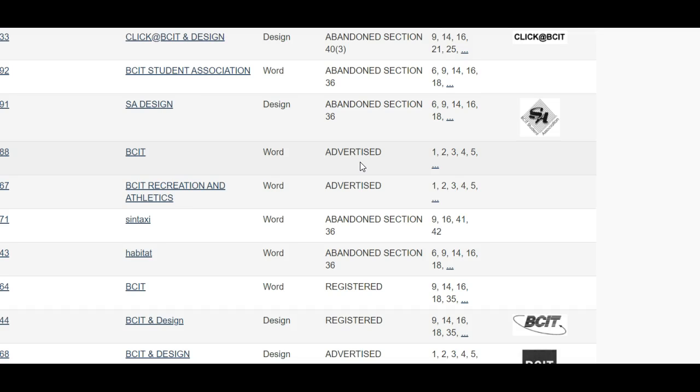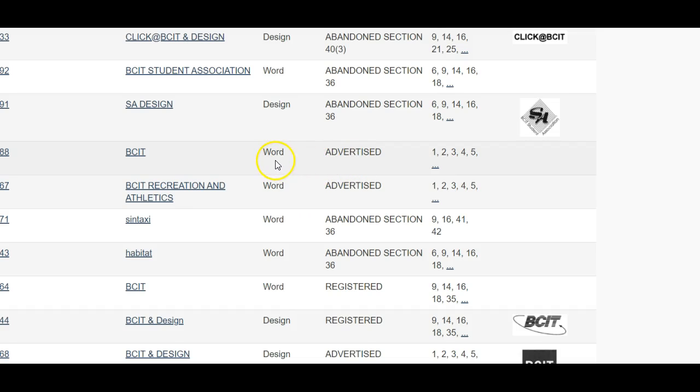Others can come to the trademark office here in Canada and say, hey, I just learned that BCAT is trying to register their word, and it is confusing with mine, and mine I acquired a long time ago, etc. So the advertisement step is an important one. And if everything goes fine after advertisement, with no oppositions, no issues, then it may be registered.